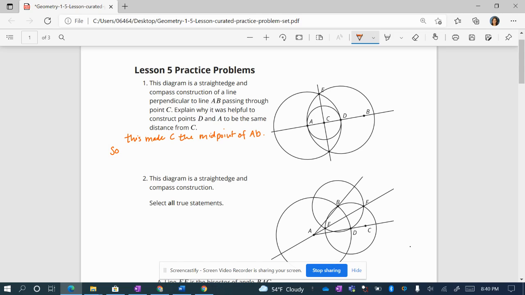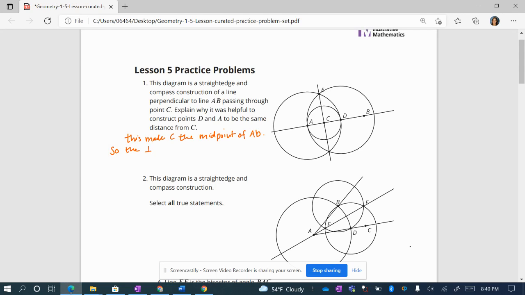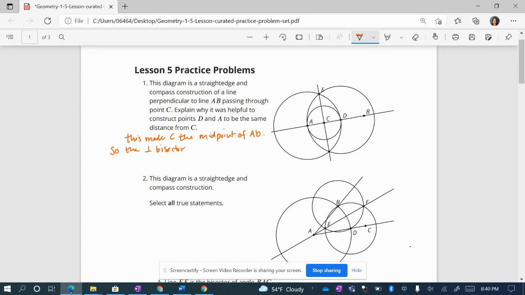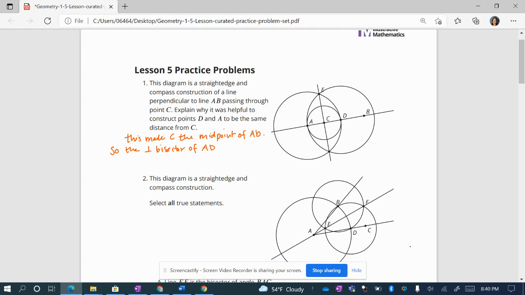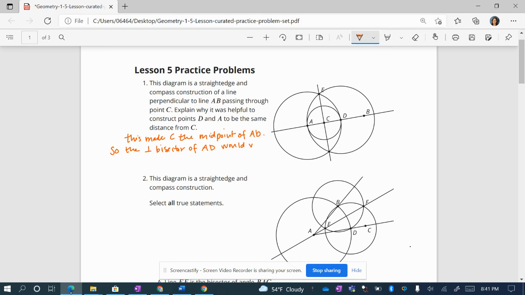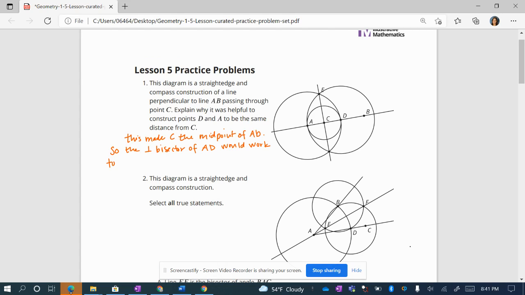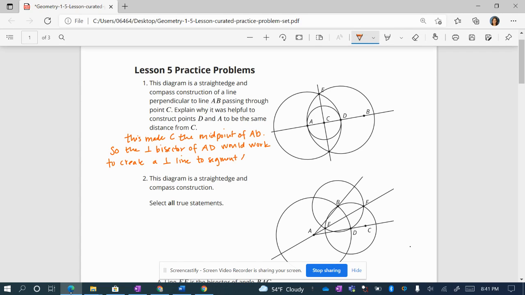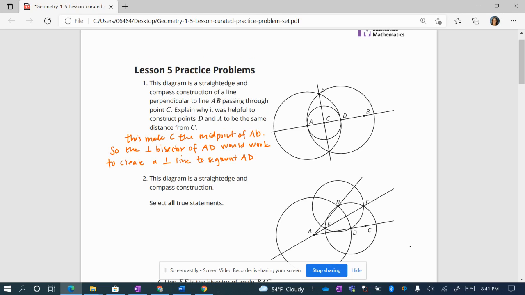The perpendicular bisector of AD would work to not only create a perpendicular line to segment AD, which is on the line we need, but also go through C, because we made C the middle of AD.